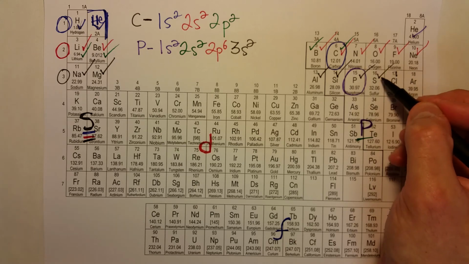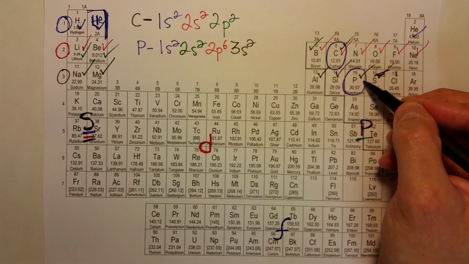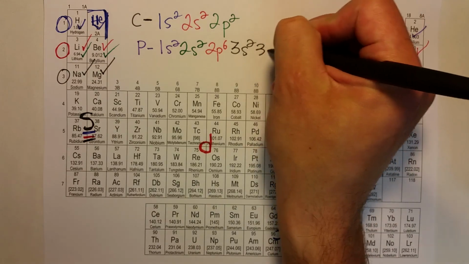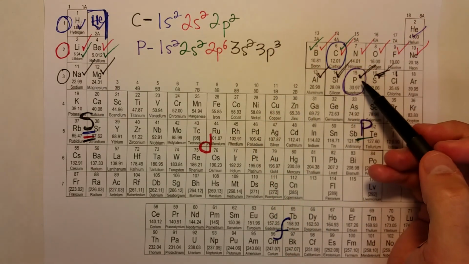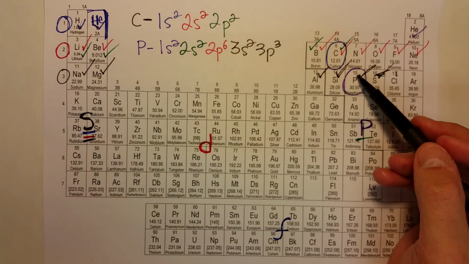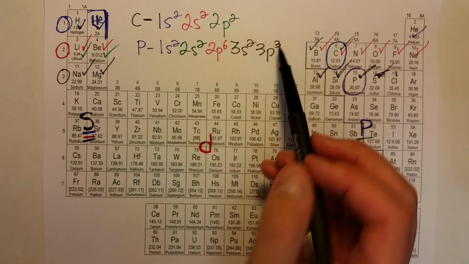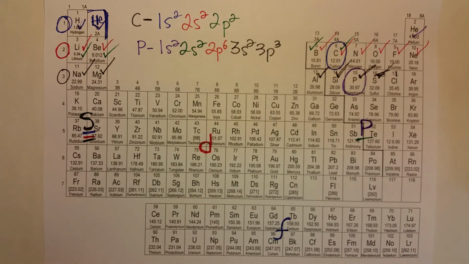I wanted to go after phosphorus, so I'm done. The electron configuration should add up to 15. That's how many electrons a neutral phosphorus atom would have. So 2, 4, 10, 12, 15. And that is correct.